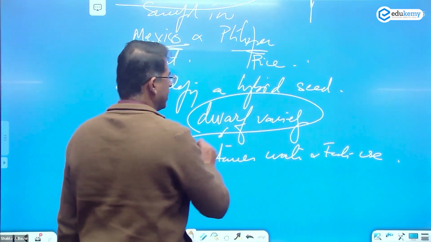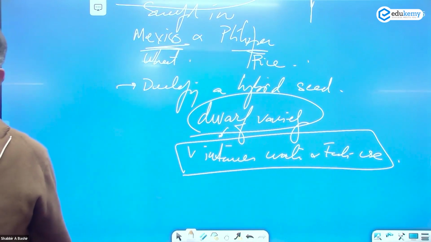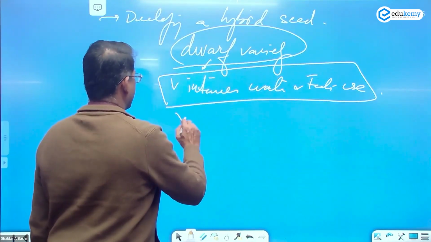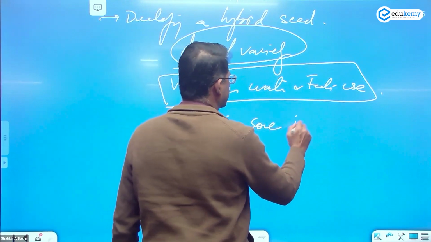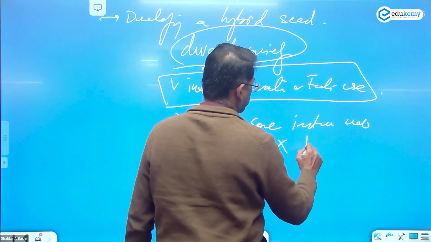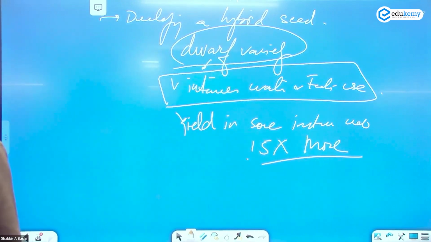Dwarf means short. It was a dwarf variety, and it was a very intensive water and fertilizer use variety. And the yield, in some instances, was 15 times more than the yield of the traditional seeds.